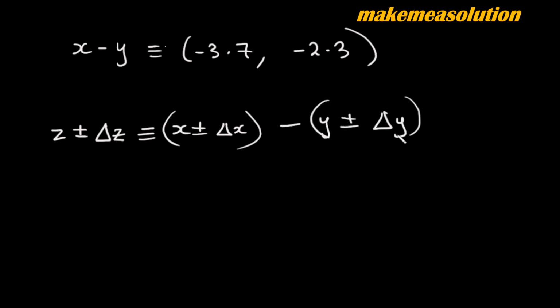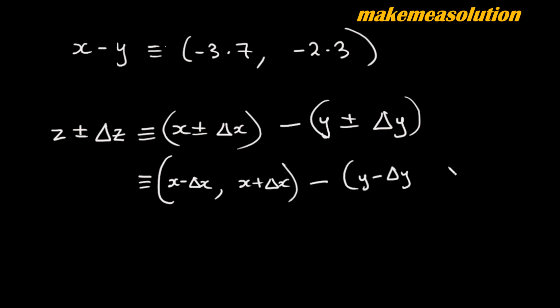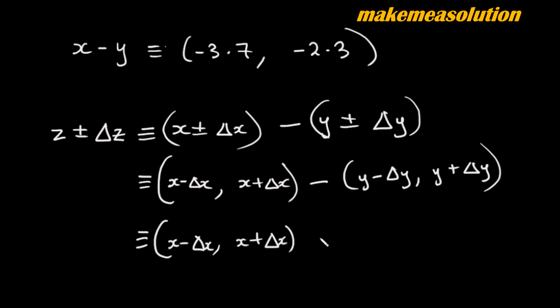So the proof of this particular stuff will result in us getting our delta z to be the addition of delta x and delta y, because typically if we express this one in range from, I'll have x minus delta x up to x plus delta x, and minus, this is y minus delta y up to y plus delta y. Is that okay? So this is going to be x minus delta x up to x plus delta x, and I'll have minus, okay, I'll have a plus.